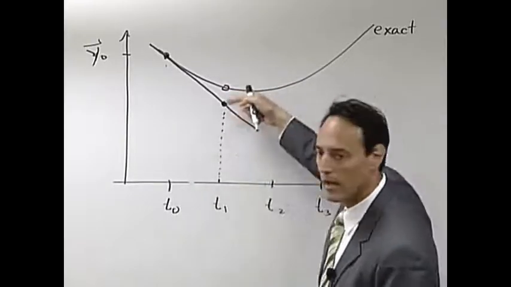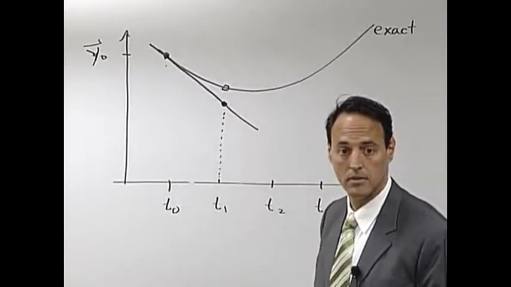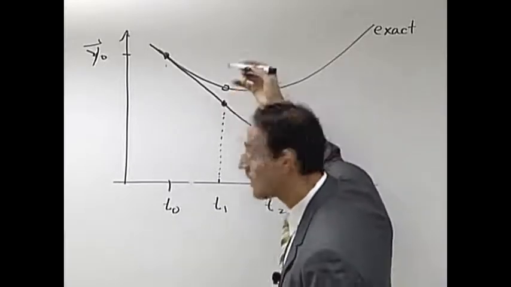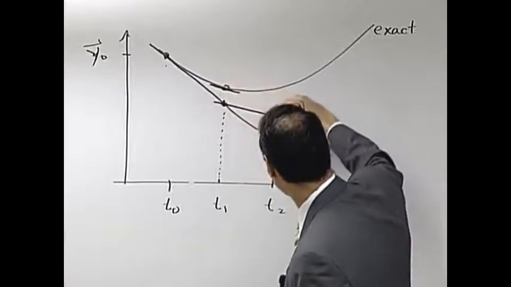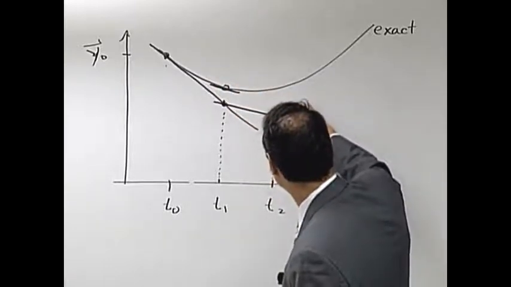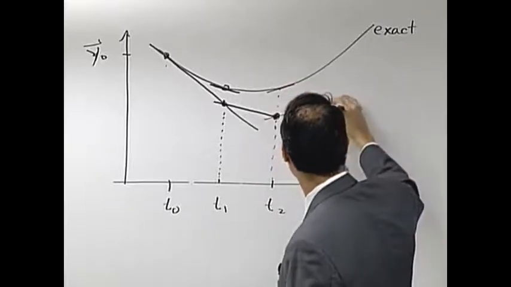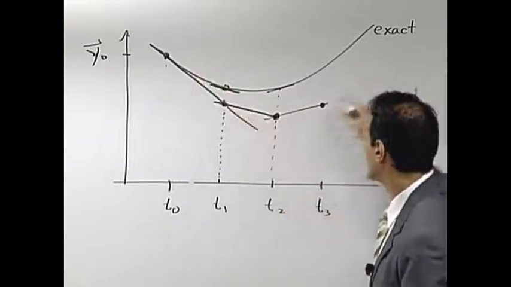You can see I made an error. So it's going to be important for us to quantify that error. If I were to do it again, I take this value, plug it into that F to get the slope here, and take off on that slope to get to here. Then take off on this slope to get to here, and so forth. So here are my numerical solutions.